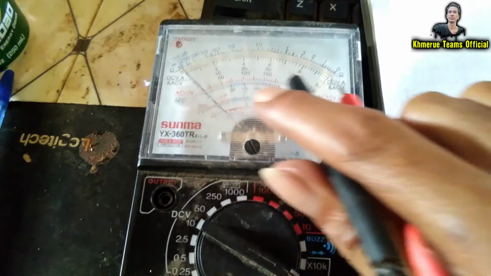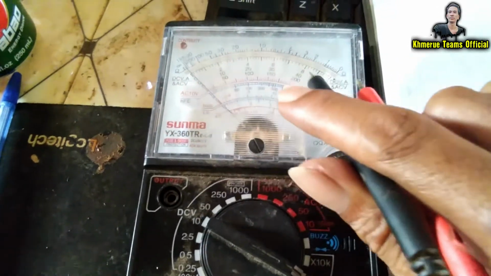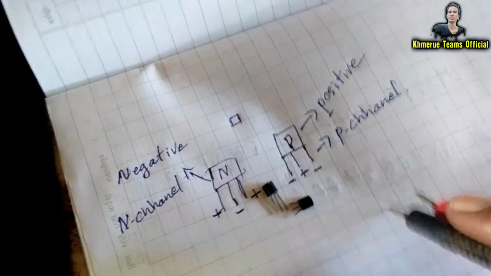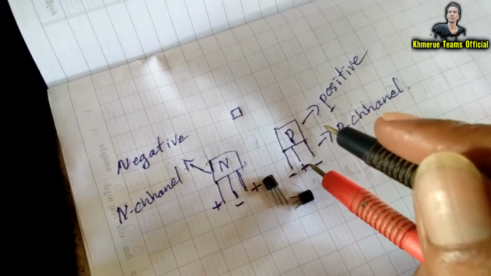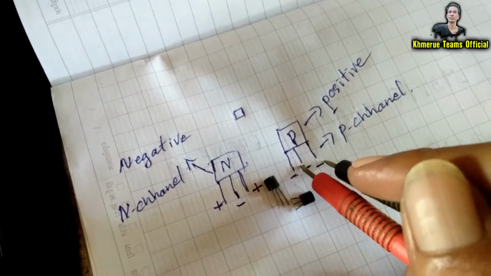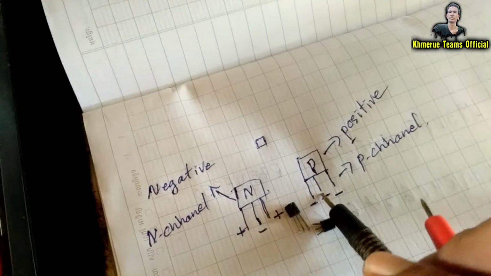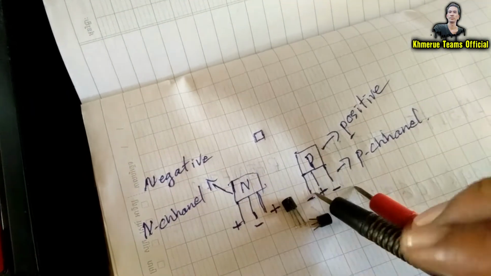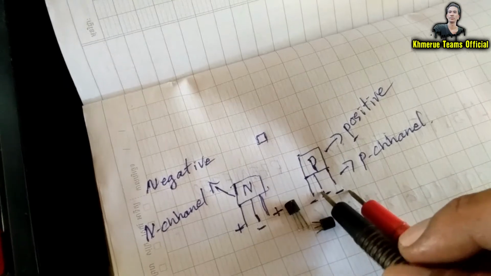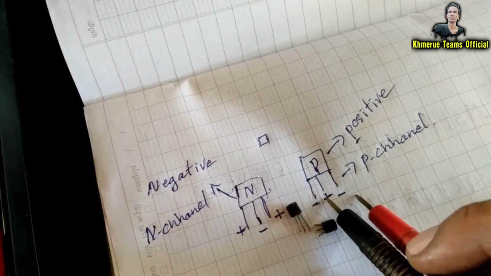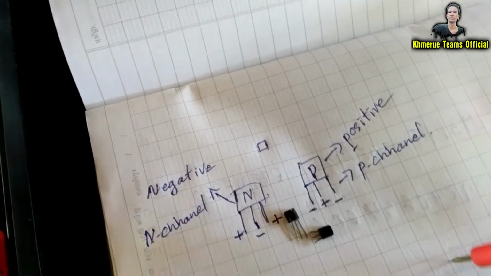It will work like this. But you can slide your probe here like this, and it still works too, but you cannot use the black probe on the cross mark here, just like this.